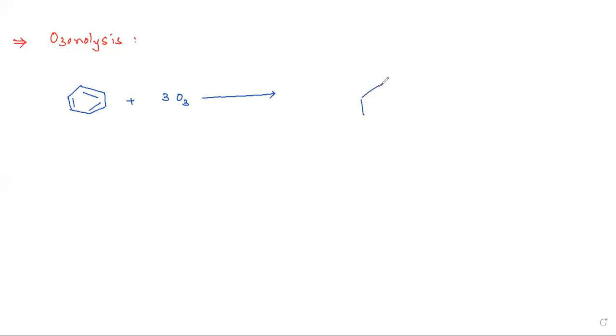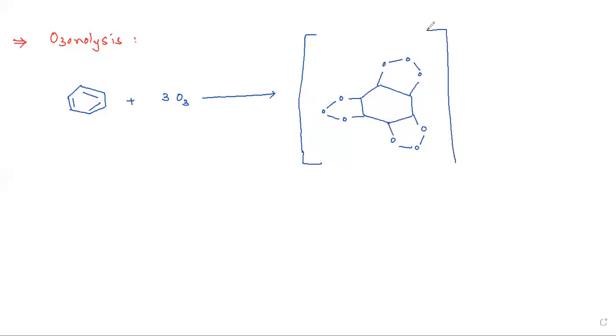Look at this. Adding ozone across the multiple bond, right? Now, this is anyway unstable. So, this is benzene triozonide.